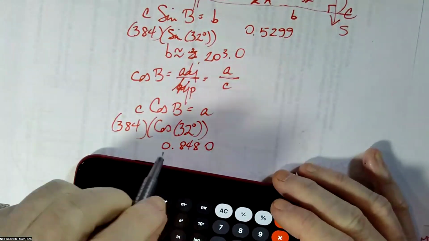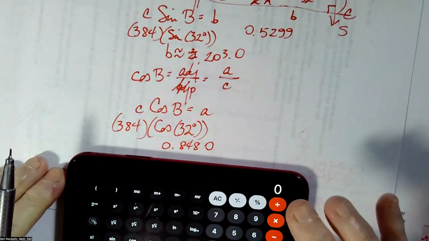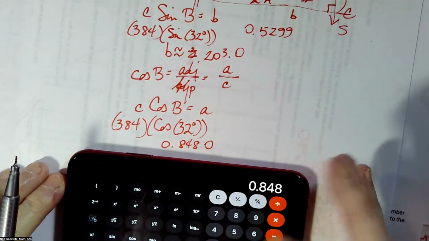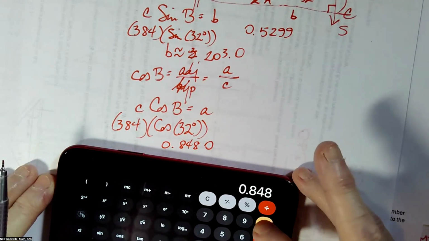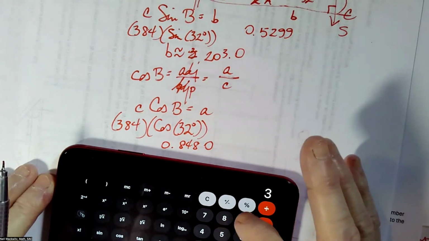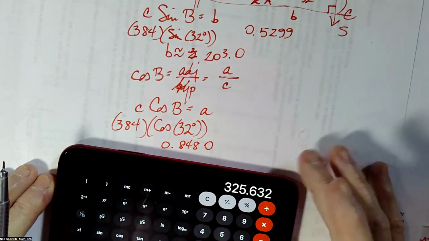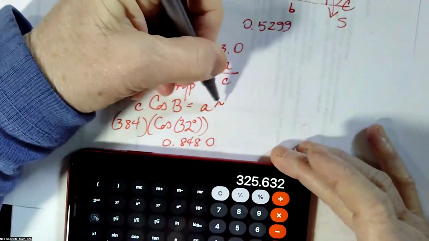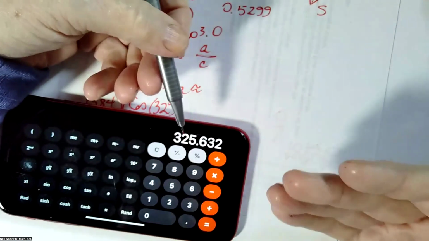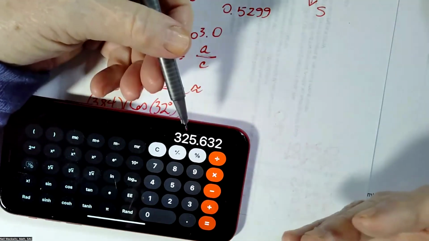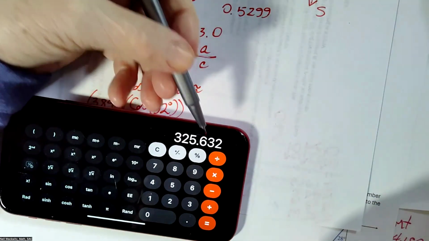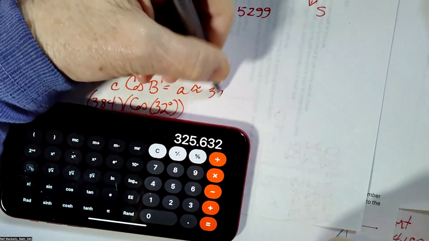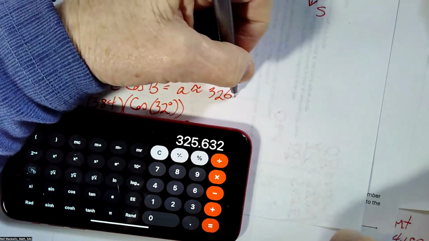And then I have to type in this new number, 0.848, times 384. And we get that a is approximately, since I need to round to the nearest nautical mile, I'm going to let this 6 bump the 5 up to a 6. So it'll be 326 nautical miles.